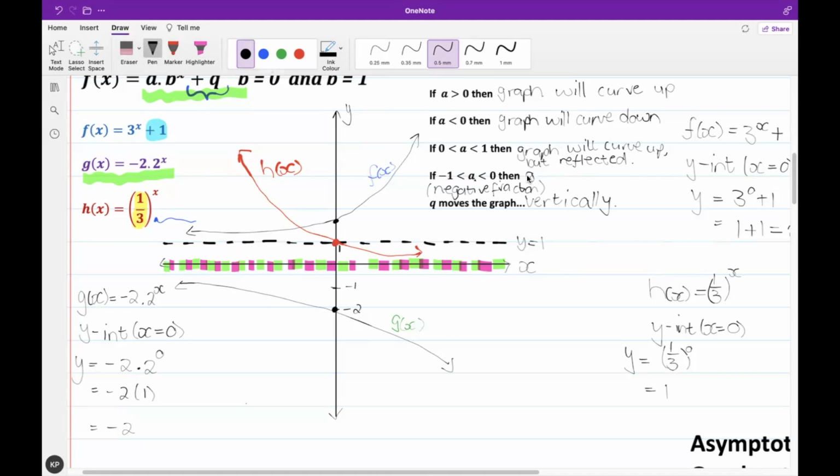Okay, so then the graph curves down, but reflected. And I know we don't have a question about that, so I'm just going to draw one to show you where it would be. So instead of going that way, it would go that way.